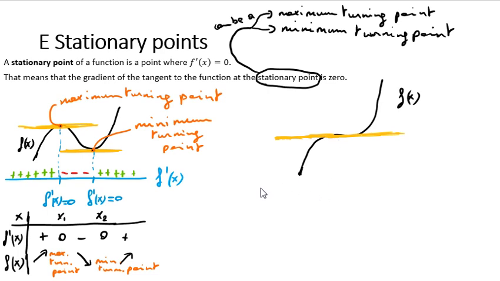So if I write here the derivative, that means that here the derivative of the function is equal to 0. And on this point here, we don't have a maximum turning point. We also don't have a minimum turning point. We call this point a stationary inflection.